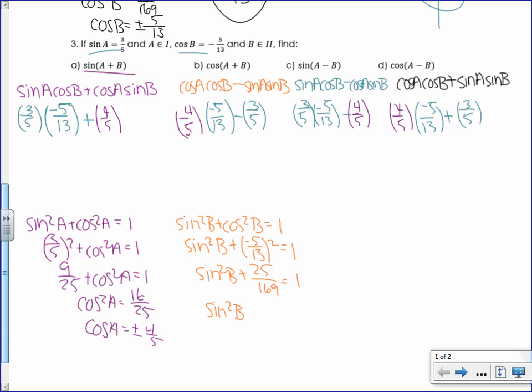So I get that sine squared B is equal to 144 over 169. So really sine of B is equal to plus or minus 12/13. And B is in quadrant 2, and sines, which are my y values, are positive in quadrant 2. So this is just positive 12 over 13 that I'm filling in everywhere. Getting a little cramped, I'm sorry.